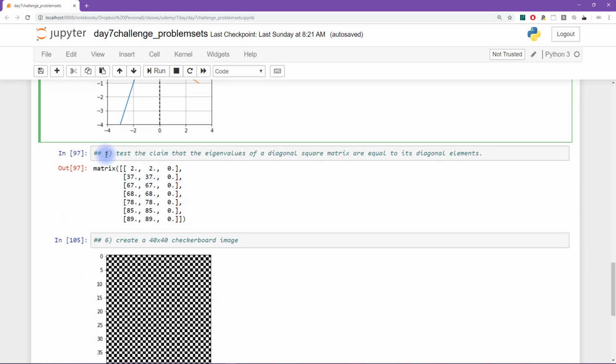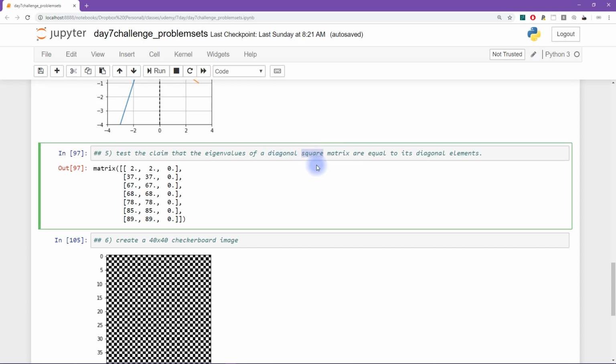So now on to the fifth exercise. So here we want to basically come up with a square matrix that is a diagonal matrix. So that's a matrix that has the same number of rows as columns, and diagonal means that it has all zeros on the off-diagonal elements and non-zero values only on the diagonal elements going from the top left to the lower right.